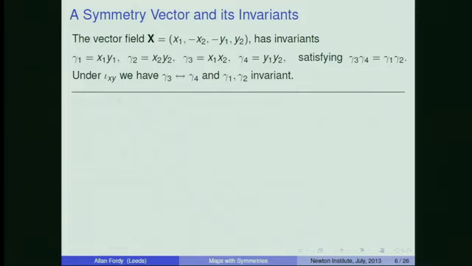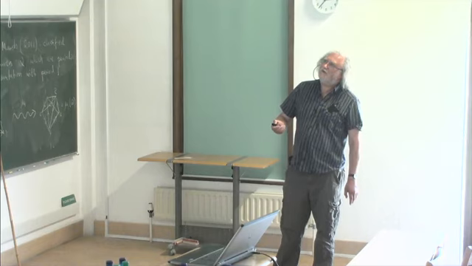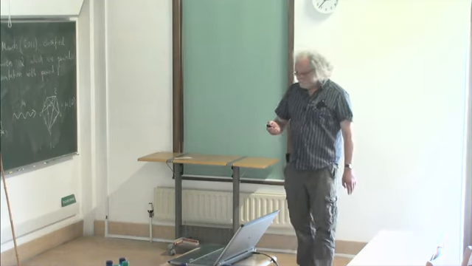It has these invariants. Well, it has 3 independent ones, but if I write down these 4 polynomial invariants, then just note that it has this relationship between them. And under this simple involution, I3 and I4 interchange, and I1 and I2 remain invariant.